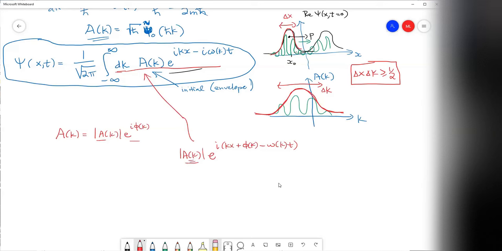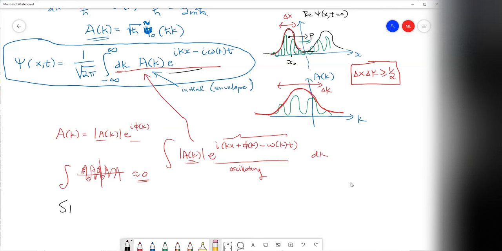So for the most part, the integral over dk will be 0, and it'll only have contributions when this part is slowly varying. So there's something called the stationary phase approximation, which you might or might not see in math methods, I don't know.